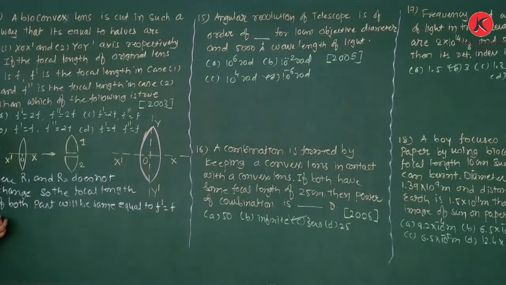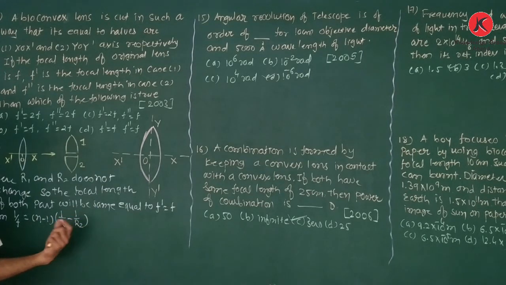From the equation, 1 upon f is equal to n minus 1 into bracket 1 upon R1 minus 1 upon R2, for refraction by a spherically curved surface.